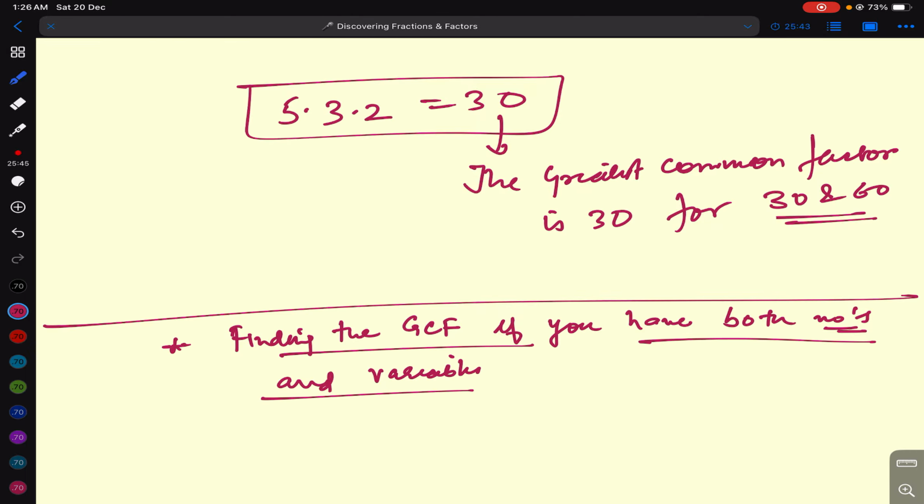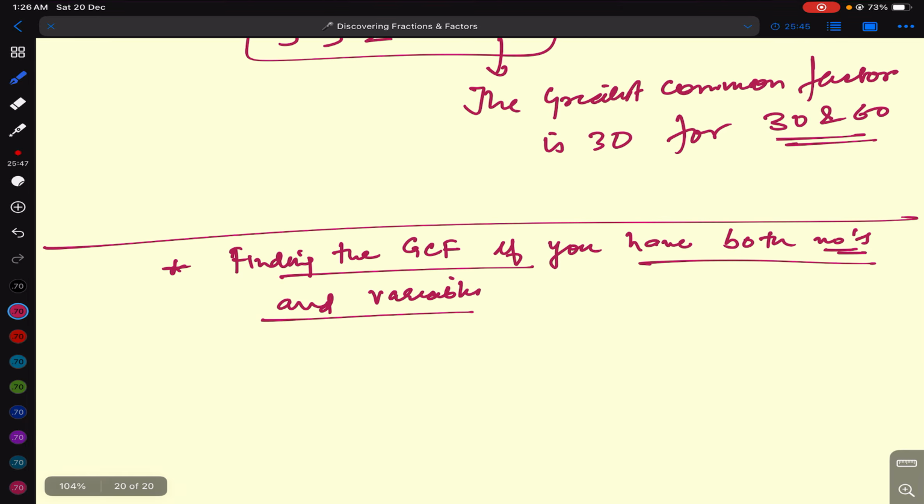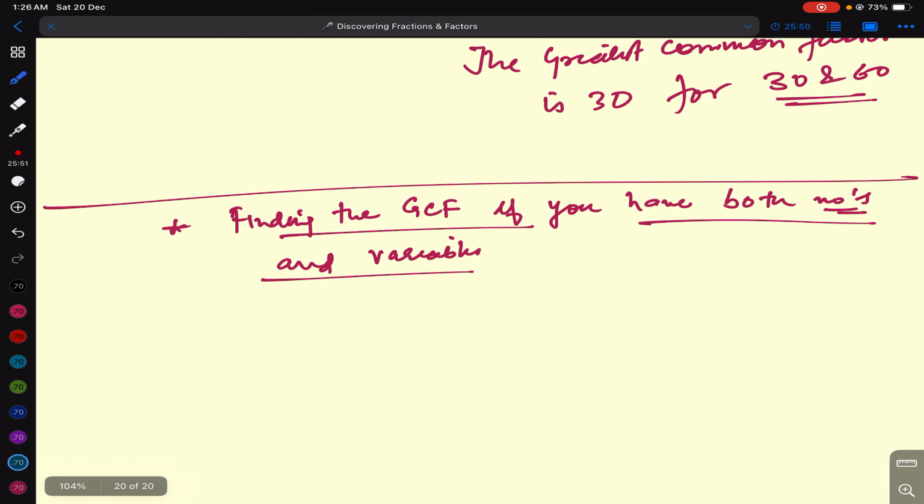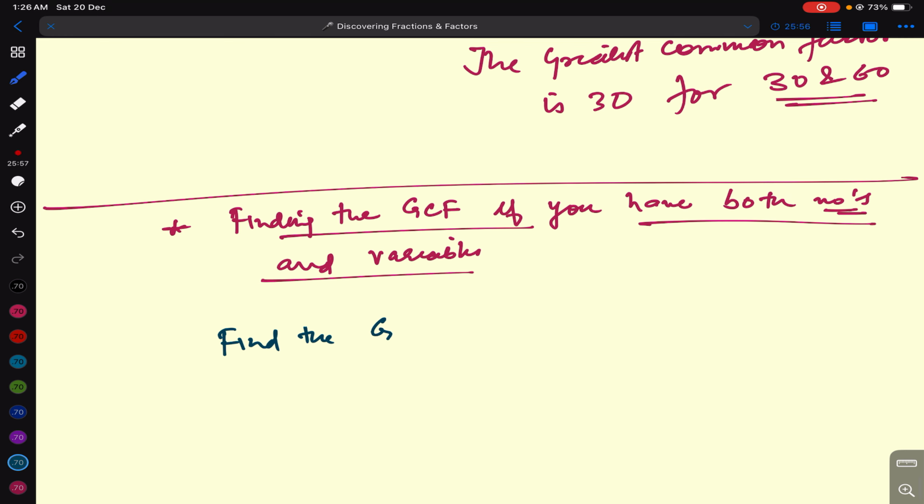Let's see how we find the GCF when we have both numbers as well as variables. So the example here is: find the greatest common factor for 36x square y, which is the first expression, and 16xy, which is your second expression.